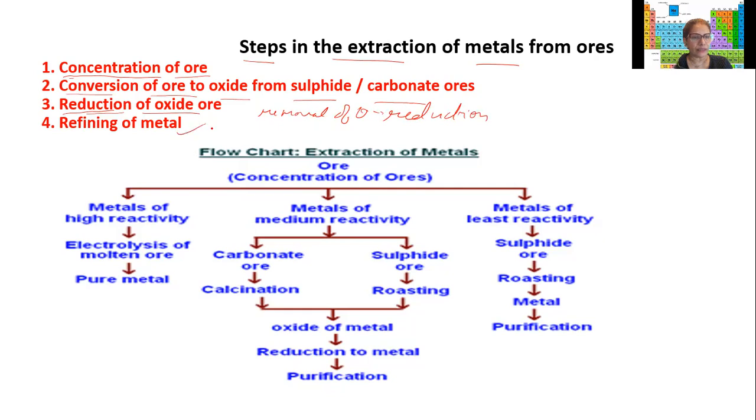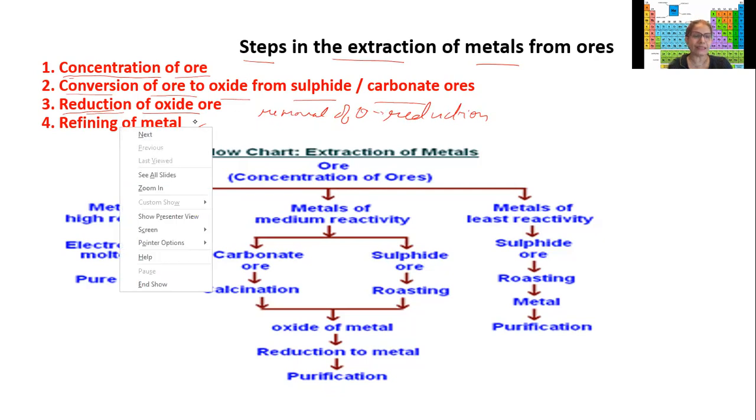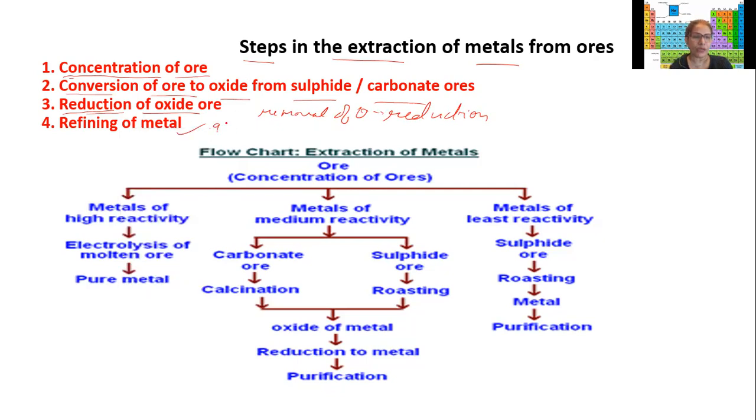Then finally, even after all these steps there will be some fine impurities in the metal which is obtained. So the refining of the metal has to be done, because whenever metal is extracted, they are looking for 99.9% pure metal.